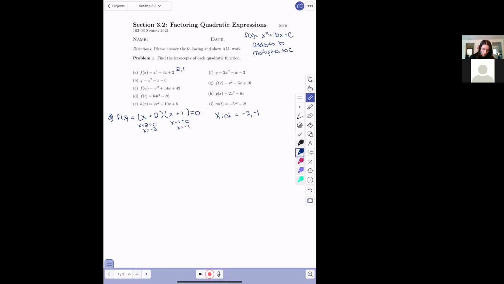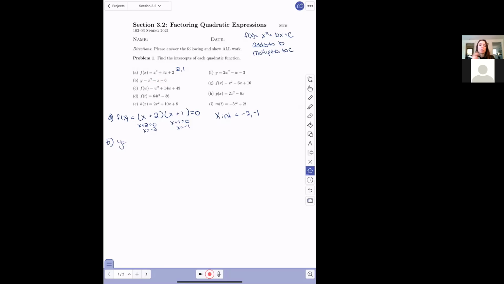Okay, B. We have y equals, or sorry, x squared minus x minus 6. So we have to find something that adds to -1 and multiplies to -6. Well, to multiply to 6, we have the options of 1 and 6 and 2 and 3.